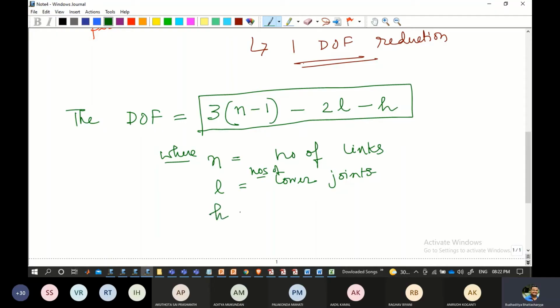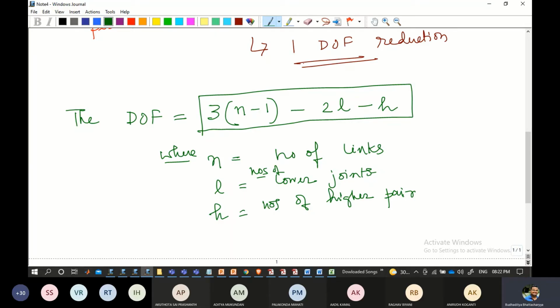And finally, H stands for the number of higher pairs, or the number of pairs having 2 degrees of freedom for that matter. All right, so this is basically the idea.